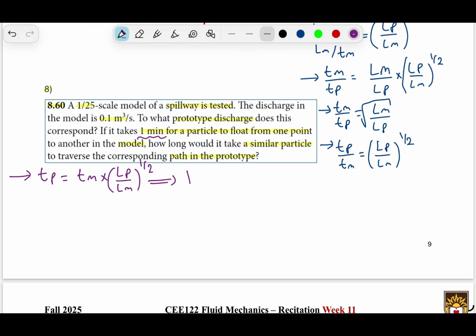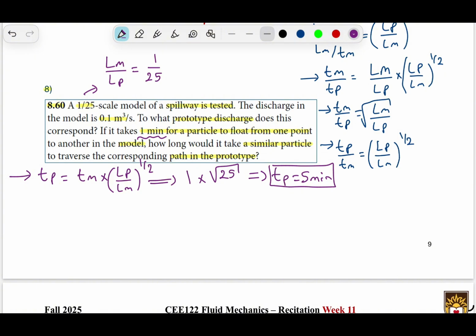So we have 1 times, and we have a 1 to 25 scale, which means Lm over Lp is equal to 1 to 25. So it will actually give the square root of 25. And from here, Tp is 5 minutes.